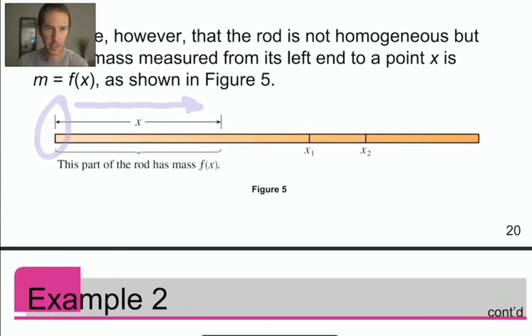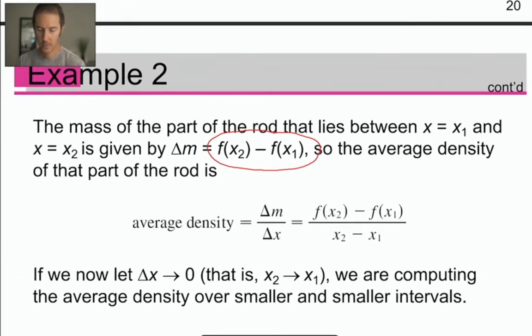Just below me, you see m equals f of x, similar to how we saw s equals f of t. That was position as a function of time. Here we're seeing mass as a function of distance from the left end point of the rod. So f is what we're using to calculate the mass of the rod starting from the left end point out to either x2 or x1 in this case.